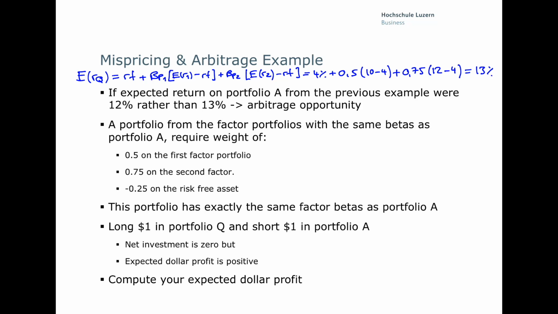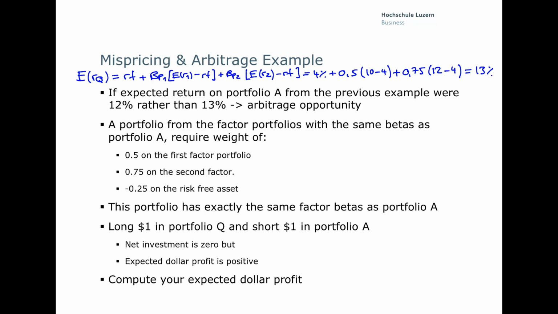From the factor portfolios with the same betas as portfolio A, requiring weights of 0.5 on the first factor portfolio, 0.75 on the second factor, and a weight of minus 0.25 on the risk-free asset, so that all three weights sum up to 1. This portfolio has exactly the same factor betas as portfolio A.